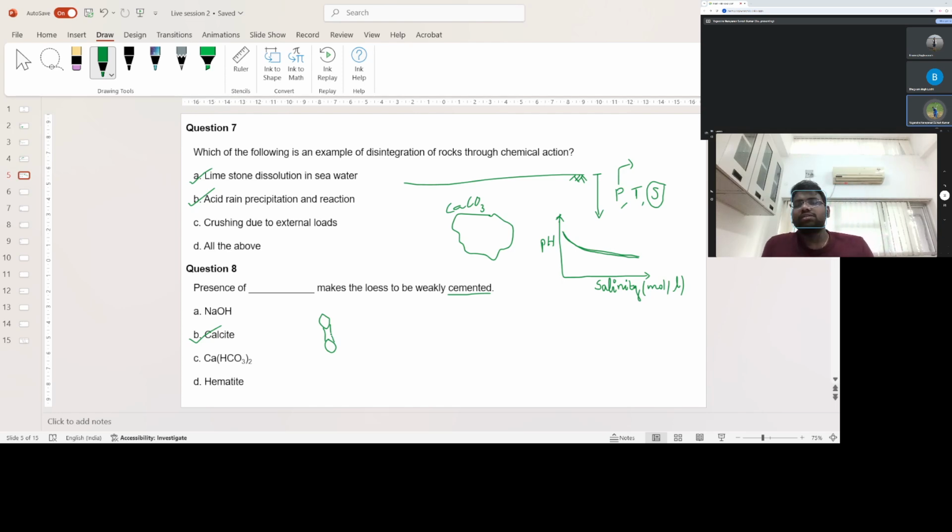But since the question is pertinent to loess deposits, the loess deposits are characterized by weak cementation, which is due to the presence of calcite. I hope I'm clear.